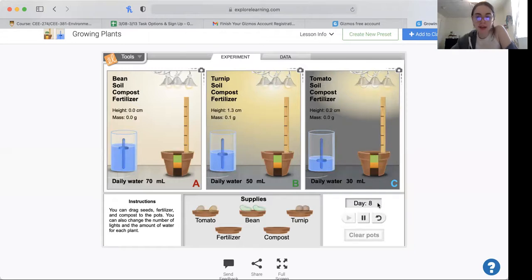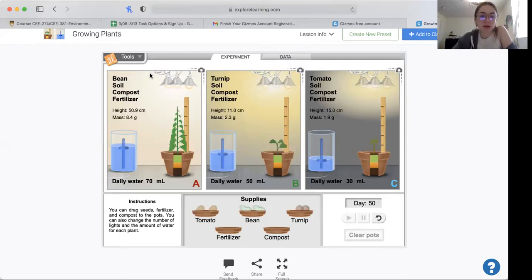You can see that the days are increasing and it's going along. Clearly right off the bat, A is growing the tallest, B is growing slow, but still getting there, and C is barely growing and basically just wilting. It's probably not getting enough light or enough water.